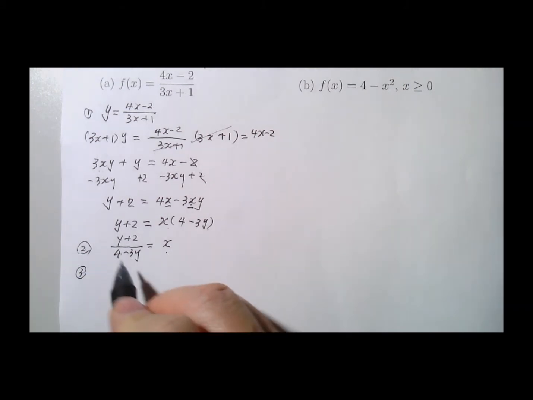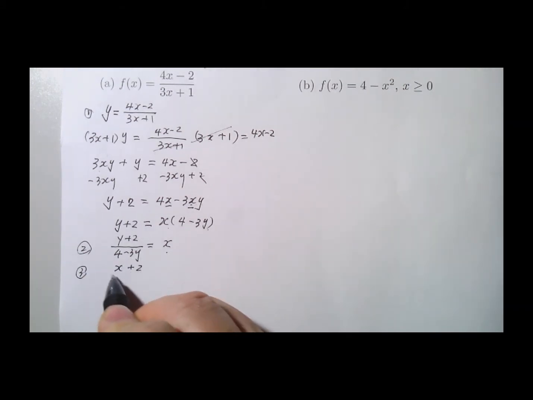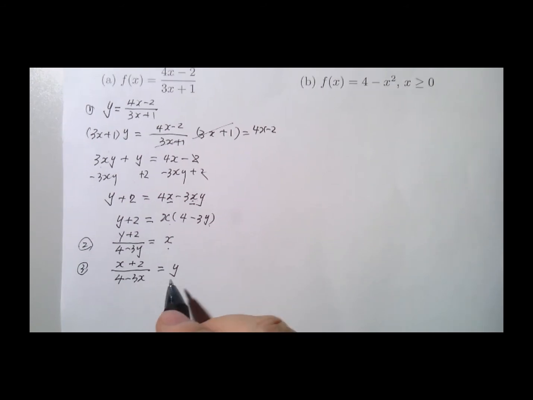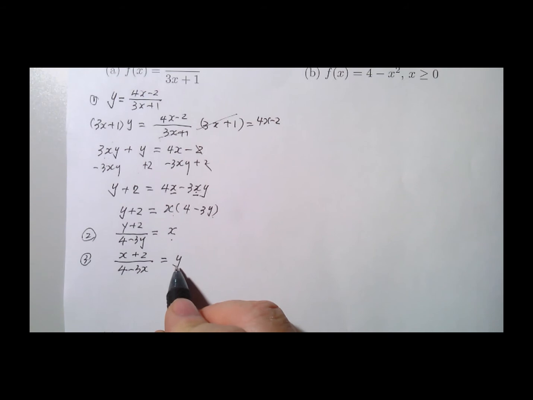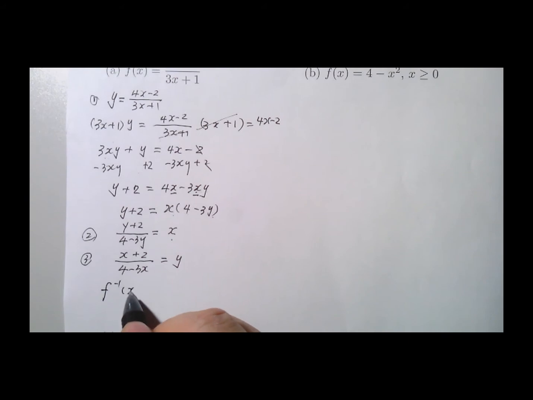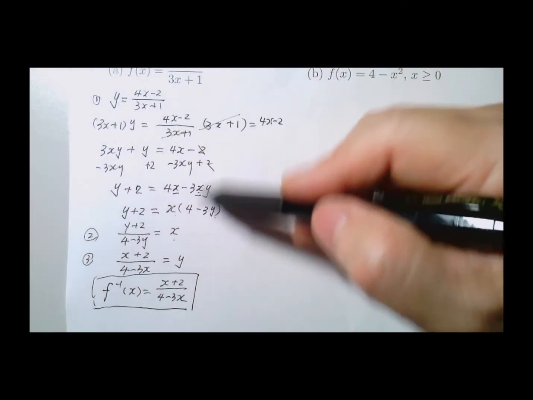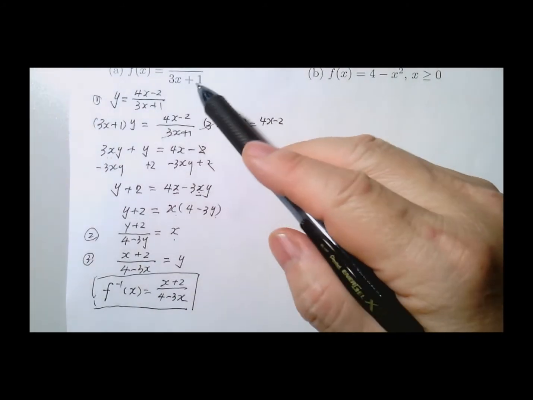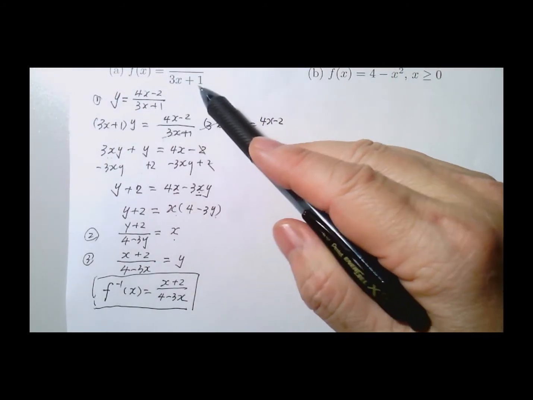If you interchange them, you get (x plus 2) divided by (4 minus 3x) equal to y. Now finally, you rewrite y as f inverse. So you get f inverse of x equals (x plus 2) divided by (4 minus 3x). This is the so-called inverse function. We found the inverse function of the original function (4x minus 2) divided by (3x plus 1).